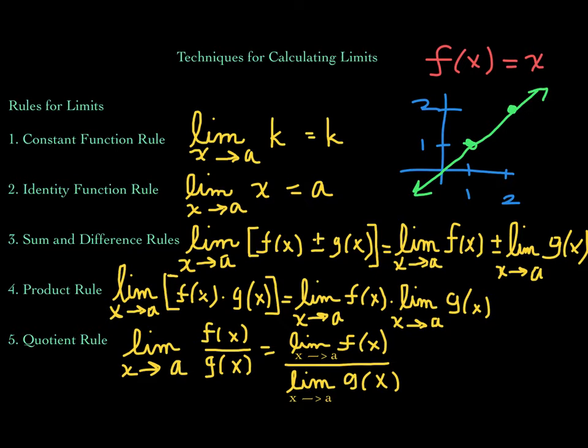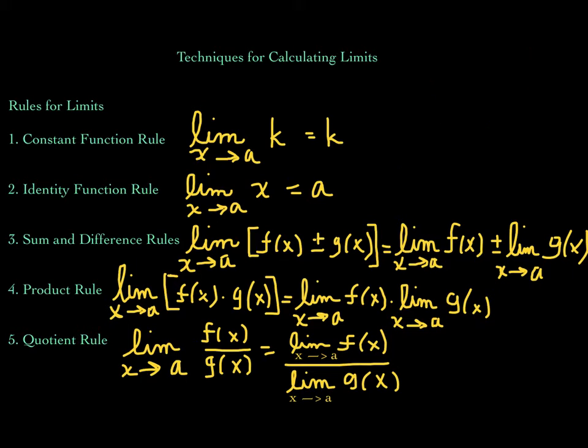And that is because this is the identity function. So the limit of the identity function x as x values approach a will just be equal to a. I hope drawing a sketch here, even though it's a rough sketch, helps.